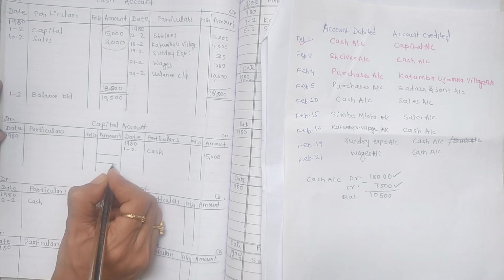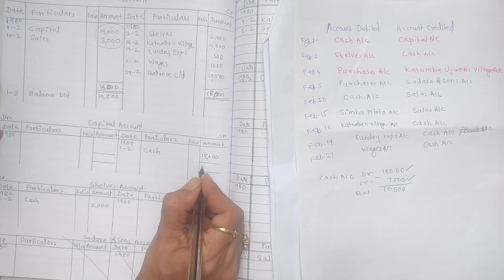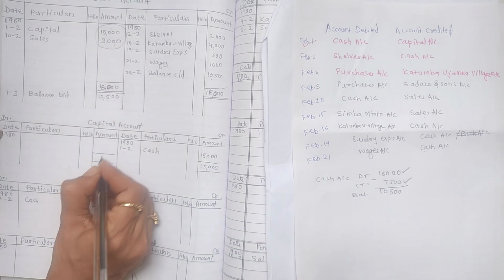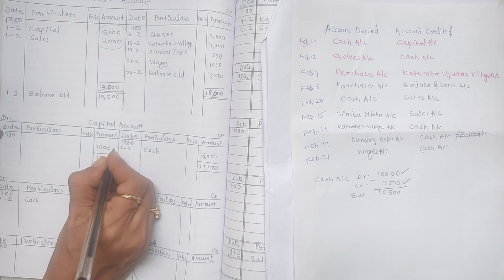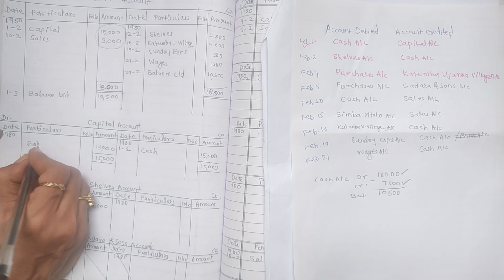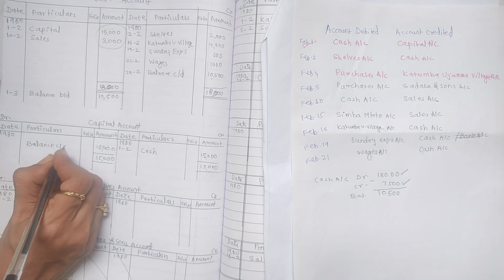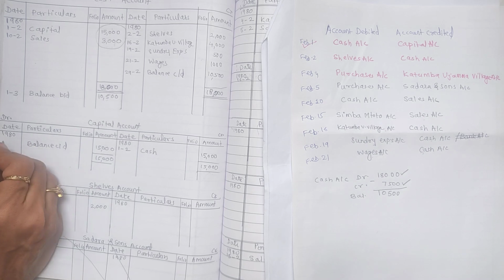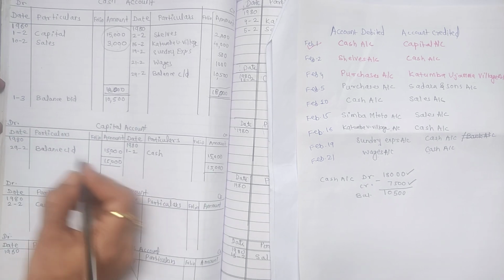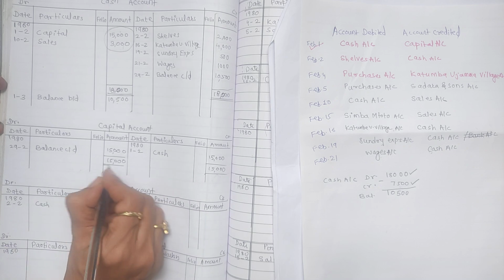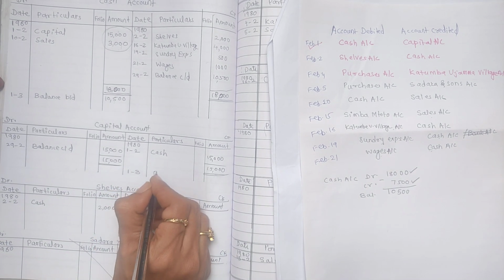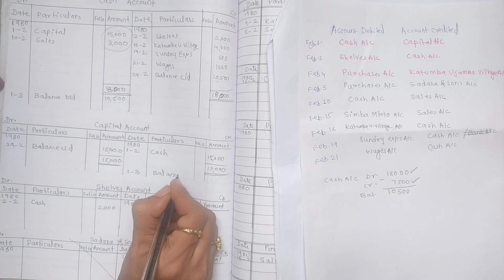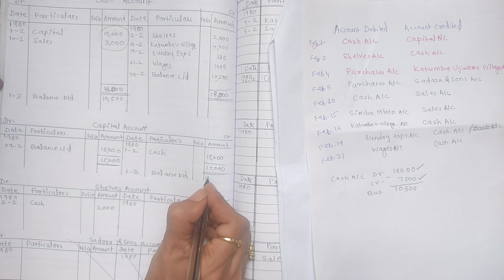Now we have to close the capital account. Total is 15,000. Credit side is more, so we write the amount on the lower side, that is on the debit side, 15,000. Give it the name balance carried down, the last date 29 Feb, then carry it to the opposite side, the credit side, 1st March, balance brought down.